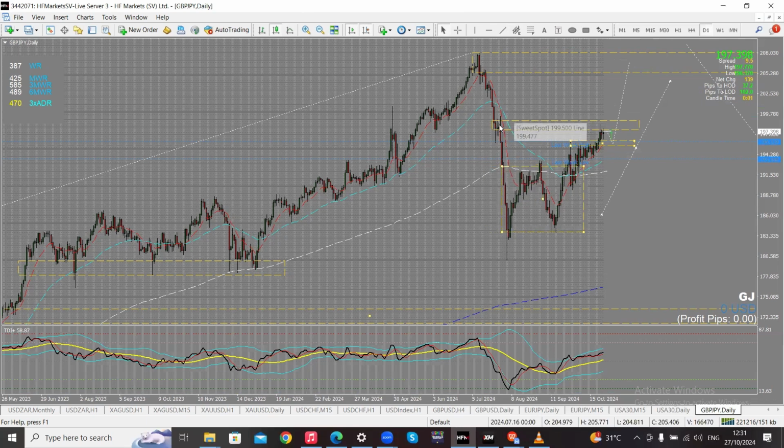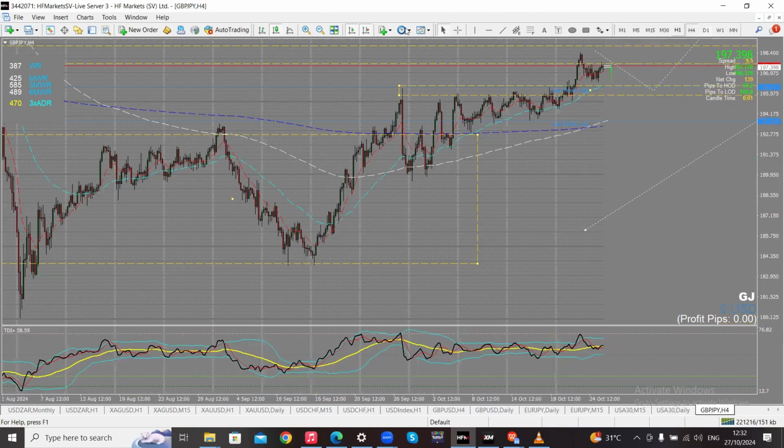And as we are in the area of resistance, maybe this retracement here would actually happen so that price can actually go back to those highs. This is from a daily perspective.